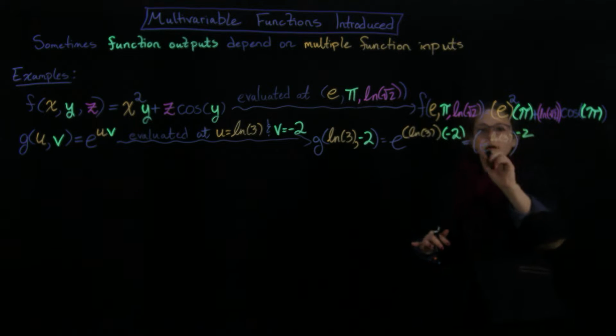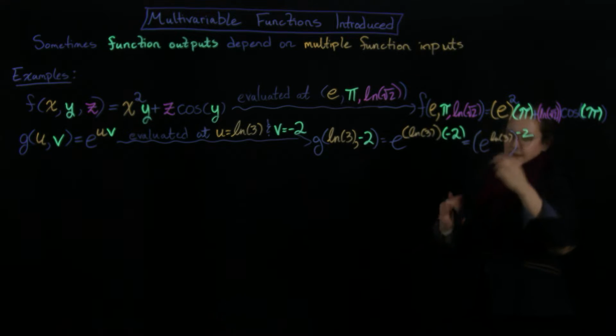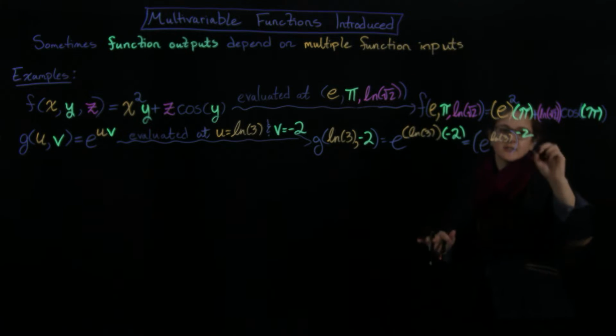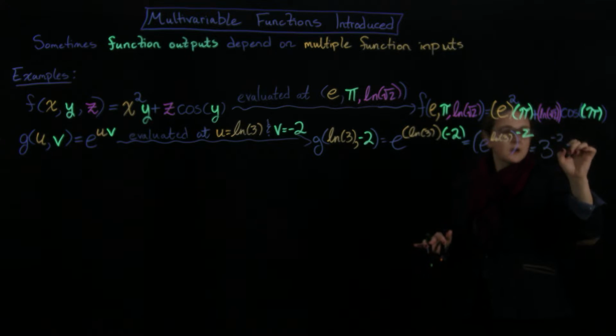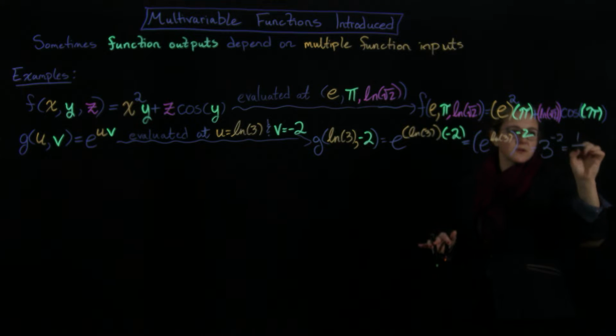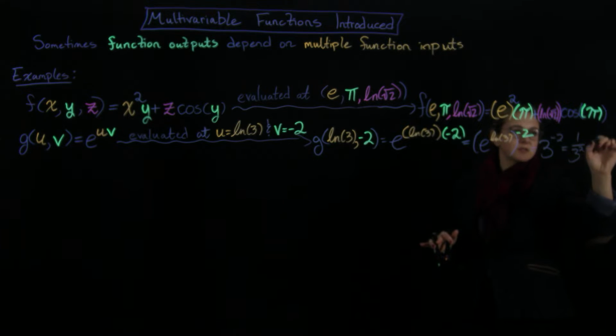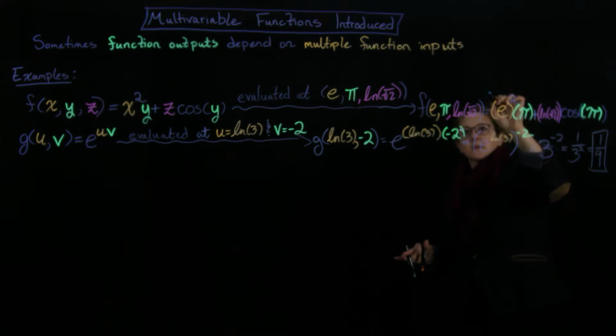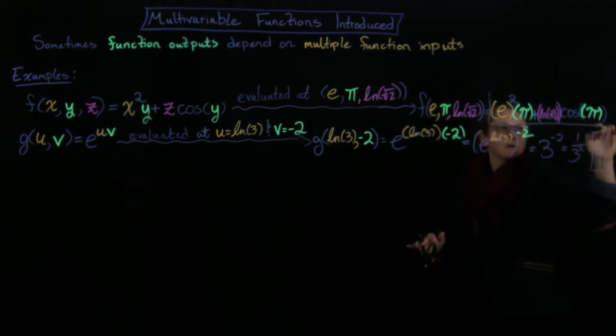That's to the -2 power, but when I have e to the natural log of 3, because those are inverse functions, I just get out 3 to the -2, which is 1 over 3 squared, which is equal to 1 over 9. Okay, and this was my answer here.